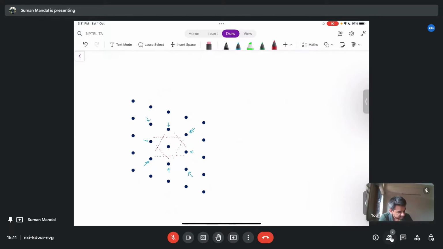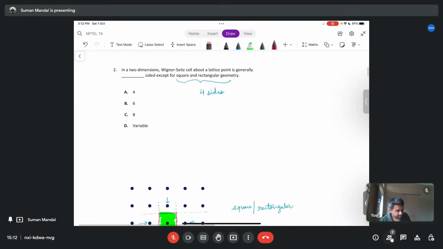So the region in space will look something like this. Six sides. The answer is option B, 6. In two dimensions, the Wigner-Seitz cell about a lattice point is generally six-sided, except for square and rectangular geometry, where there are 4 sides.